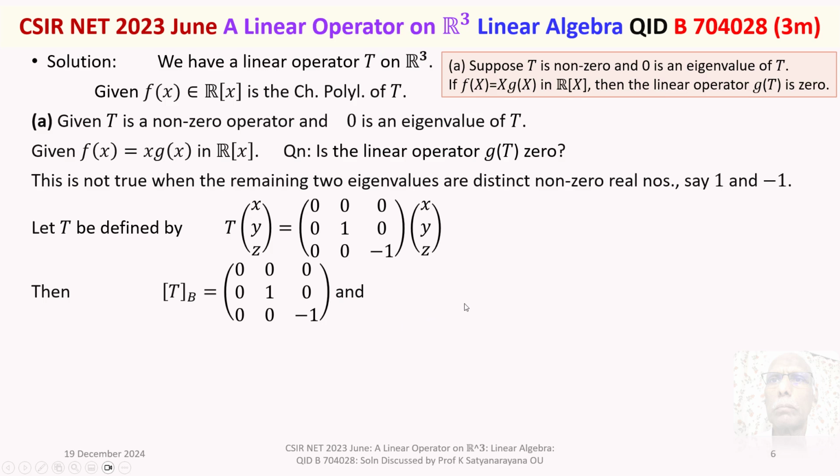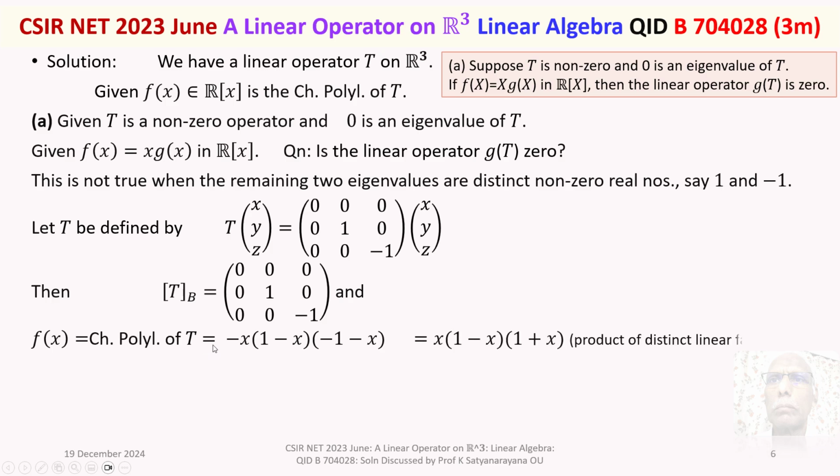And f of x, the characteristic polynomial of T, is 0 minus x multiplied by 1 minus x multiplied by minus 1 minus x. That is minus x into 1 minus x into minus 1 minus x. That is x into 1 minus x into 1 plus x. You note down that the characteristic polynomial of T is the product of distinct linear factors.